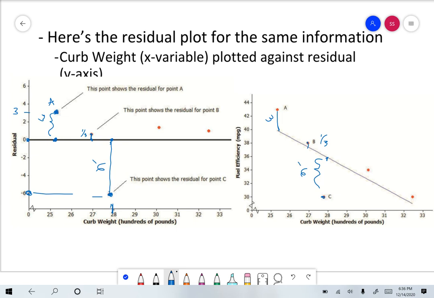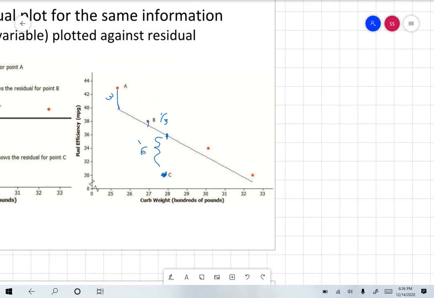So it was 6 miles per gallon below the predicted amount. This is the actual, this is the predicted. The actual is about 6 miles per gallon lower than the predicted amount. And again, you're probably like, why does this matter? I promise you I will answer that question, just not quite yet.